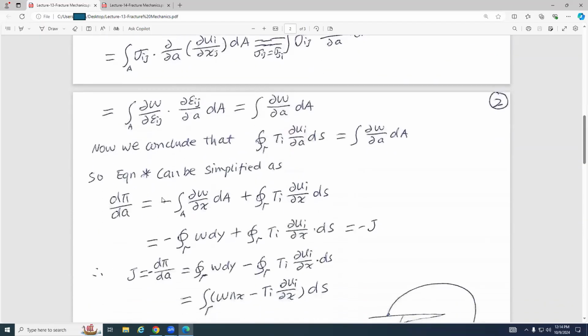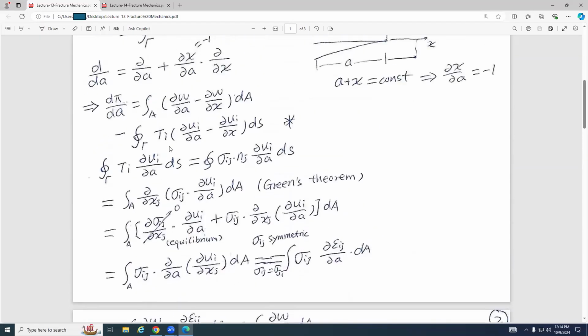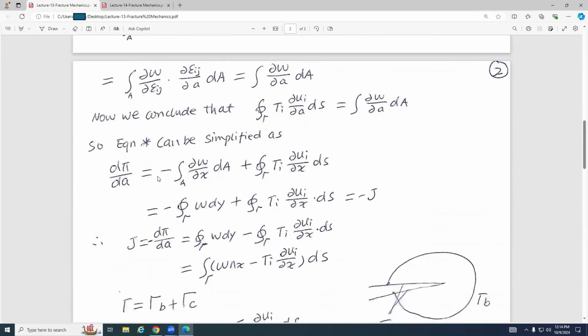Originally we have 4 terms, 1, 2, 3, 4, but now we only have 2 terms. So this is a simplification. Do you guys agree? Yes. So this is minus J, so we will use this minus J equals this.